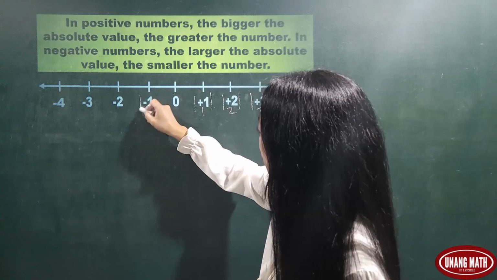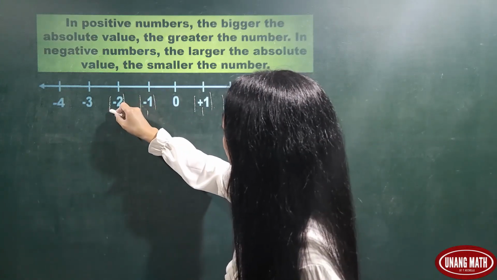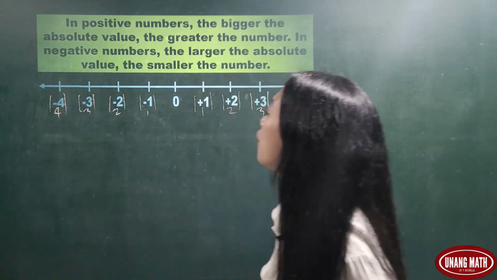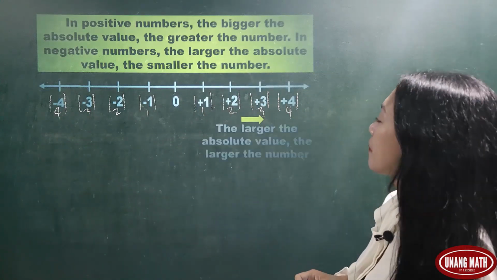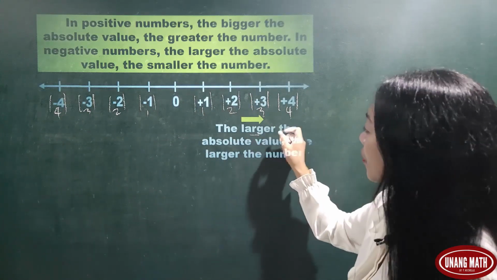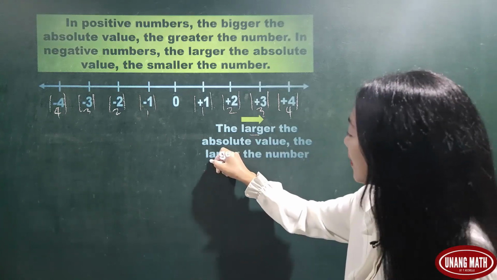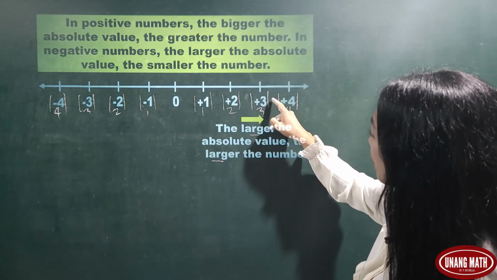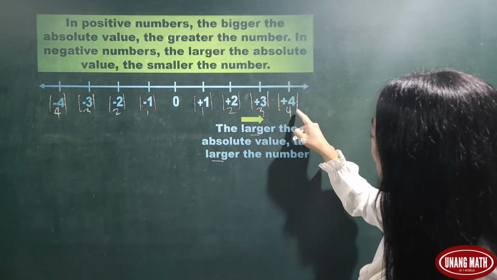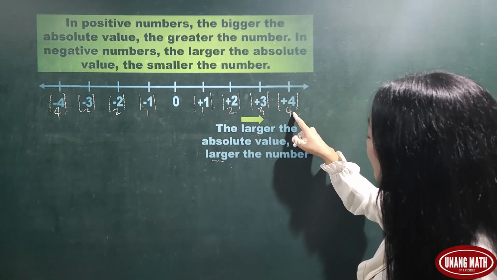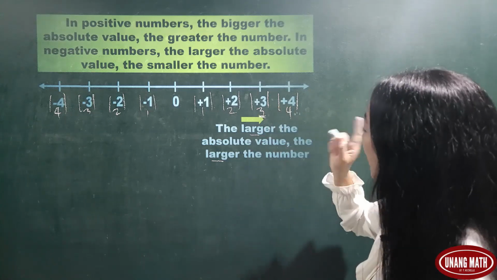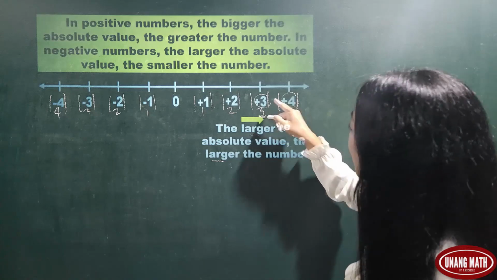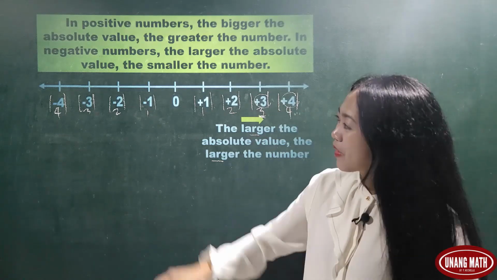Absolute value of negative 1 is 1, negative 2 is 2, negative 3 is 3, negative 4 is 4. For positive numbers, the larger the absolute value, the larger the number. Example, absolute value of positive 3 is 3, positive 4 is 4. 4 is larger than 3. That's why number 4 is larger than number 3.